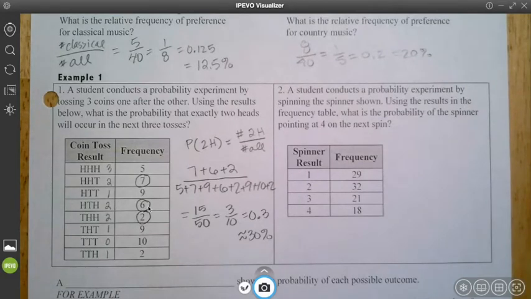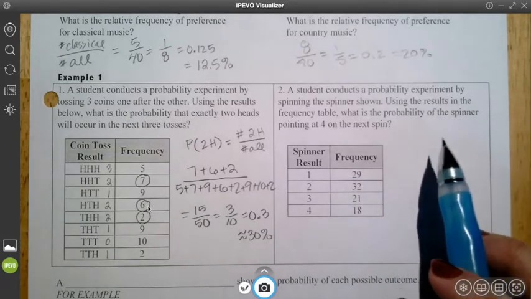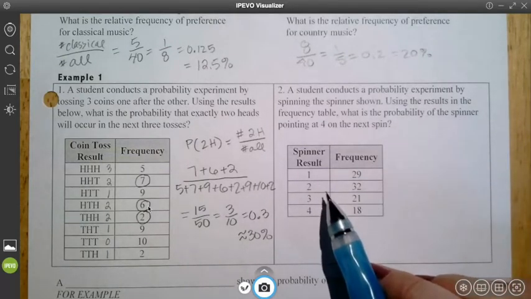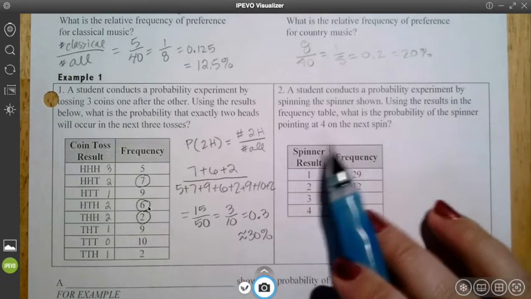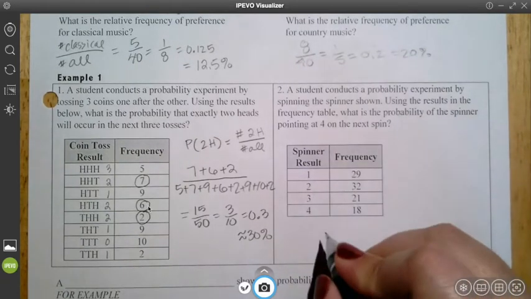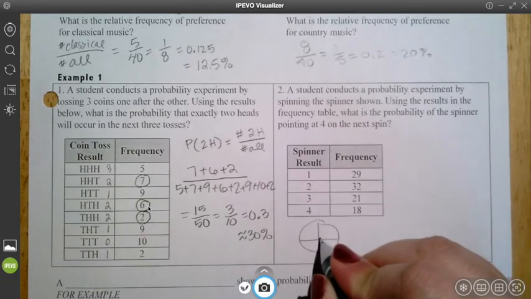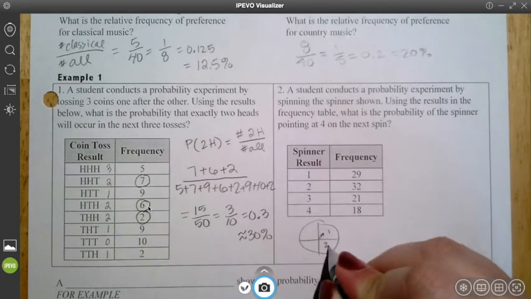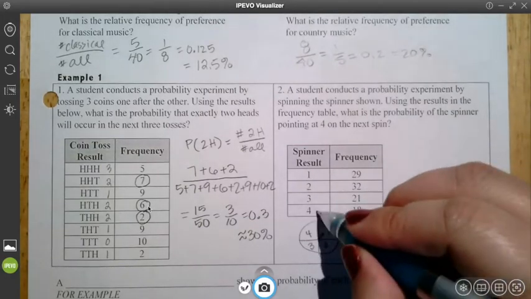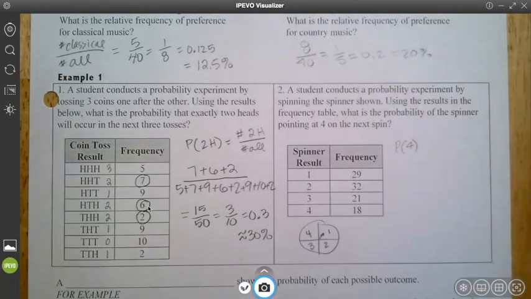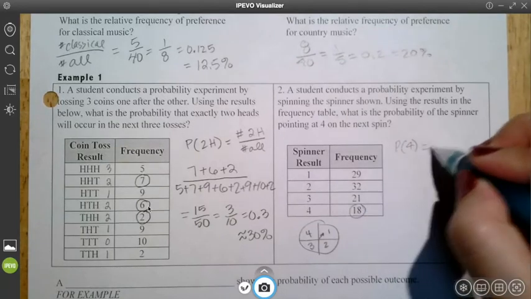In the next example, similarly, this is an experiment, but this is done for a spinner. Using the results in the frequency table, what is the probability of the spinner pointing at 4 on the next spin? So a spinner is one of these. It's got an arrow and 1, 2, 3, 4. So we want to know the probability of 4. How many were 4? 18.